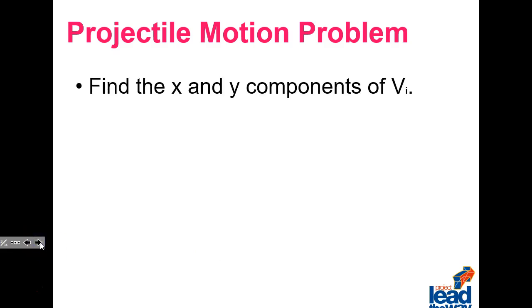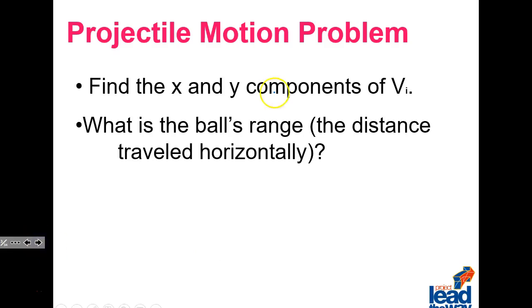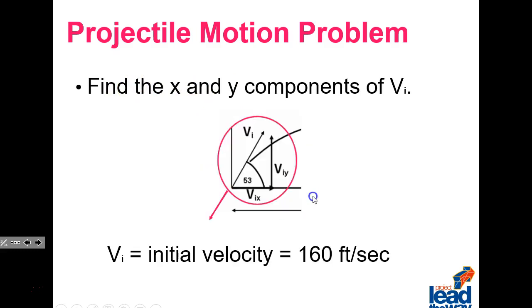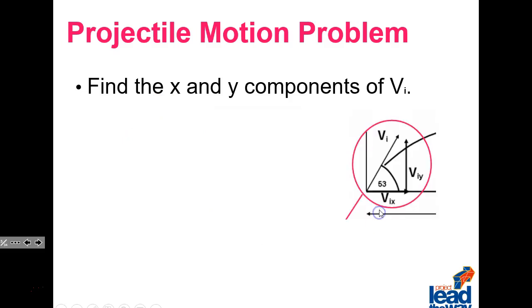All right, so let's start by finding the x and y components, and we also want to know the ball's range. We're going to find the ball's range by first finding the x and y components. So to find the x and y components, we will look at our triangle that we had drawn. This is a little bit messy, I guess you could say, in that it has the trajectory drawn in.